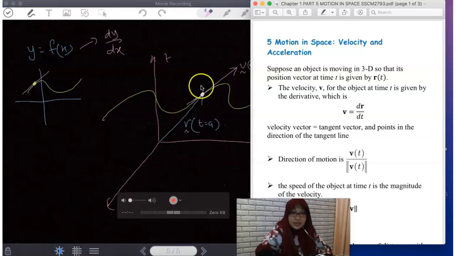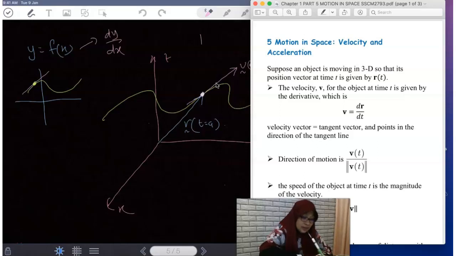Okay, so you can evaluate the velocity and also the speed at this point when t is equal to a. Okay, and because we haven't discussed yet the unit tangent vector, this is just the tangent vector, which is given by velocity. But the unit tangent vector is given by capital T, the expression in terms of t.